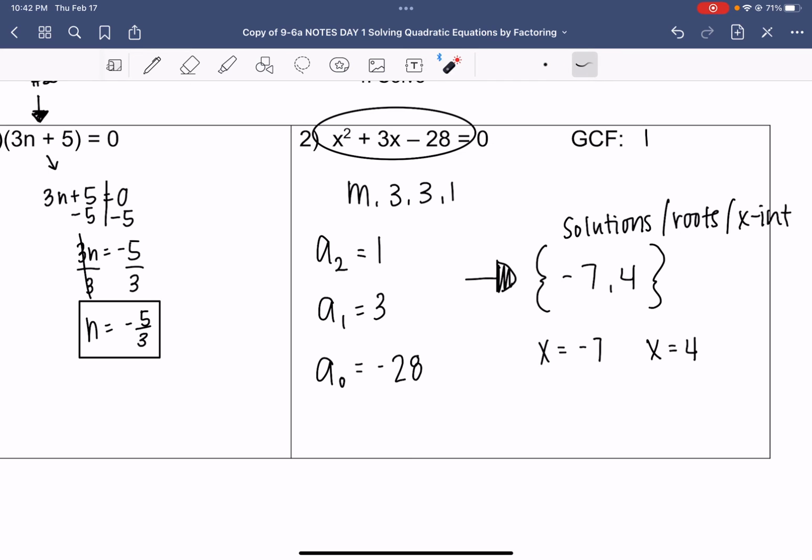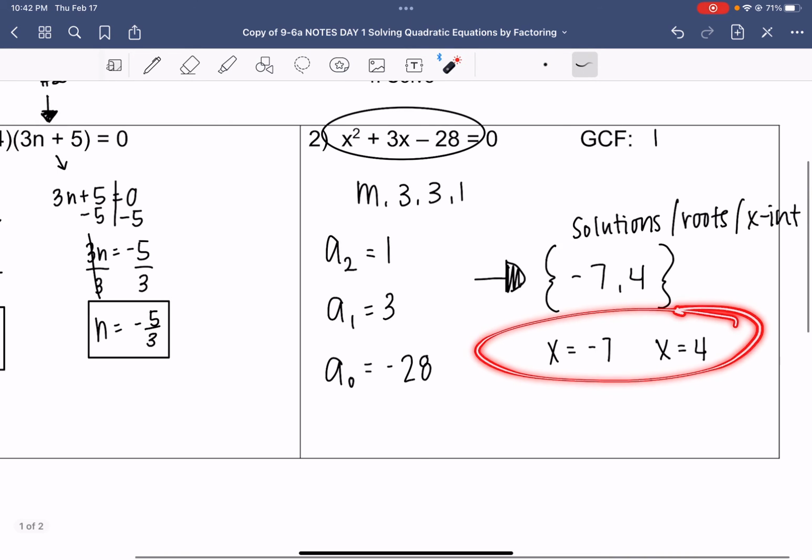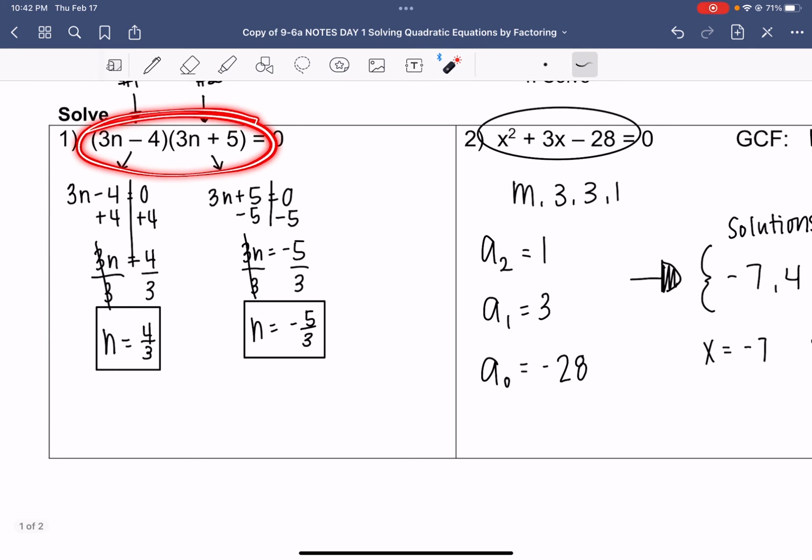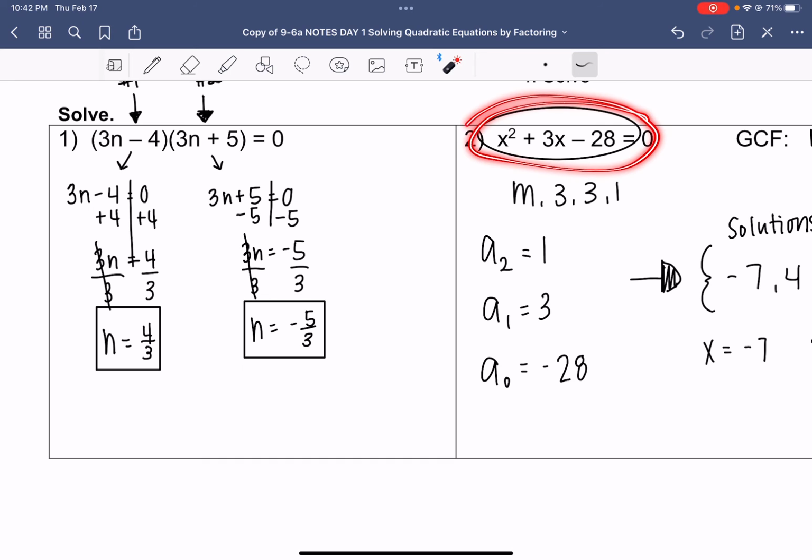A solution is what x truly equals. A factor is the two binomials that get us the trinomial. So if I'm in factor form right now because I want the solution, I set each of them equal to 0 and solve for the variable. If it's in quadratic form, I use menu 331.